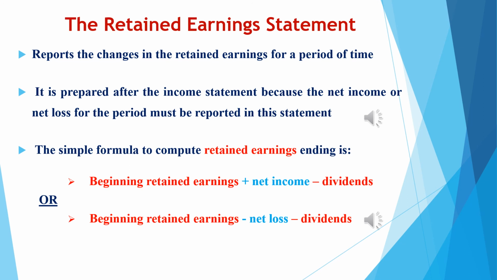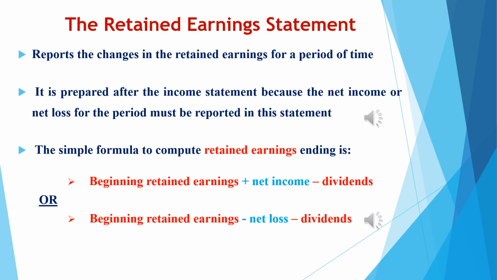The formula to compute the retained earnings is as follows. Actually, we have two cases. In the first case, we consider that the company has net income. So the retained earnings ending equal beginning retained earnings plus the net income minus the dividends paid to stockholders.